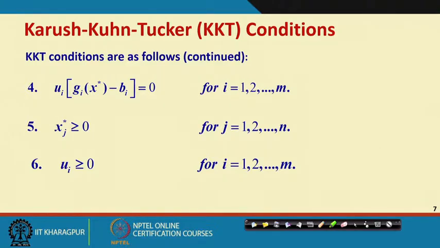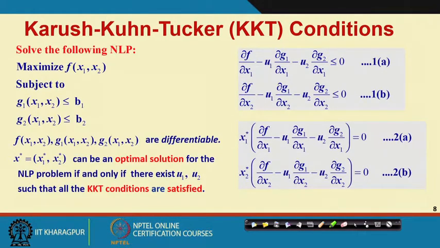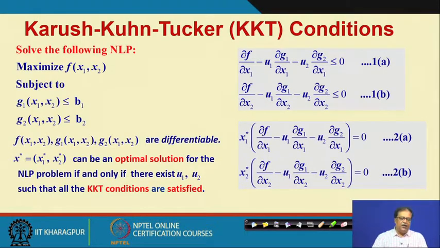So, for improving our understanding, let us look at a particular problem, a very simple, simplified version of the KKT conditions once again. Let us say we have a 2 variable problem: maximize f(x1, x2), subject to 2 constraints only, g1(x1, x2) and g2(x1, x2).